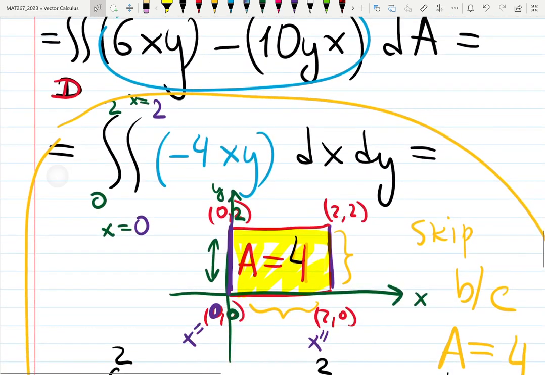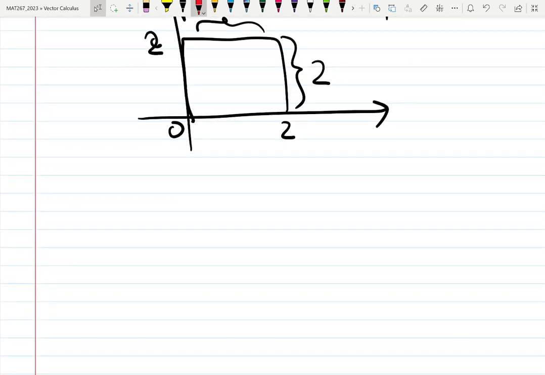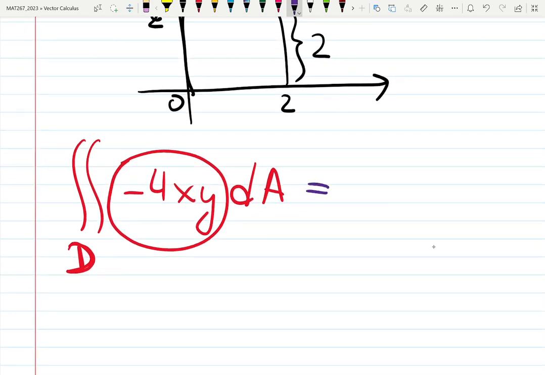We are right now at this moment, minus 4xy dA. This is what we did. We figured out minus 4 from taking partial derivatives. A is the area of this region D, which we're working on. So it will be like so.